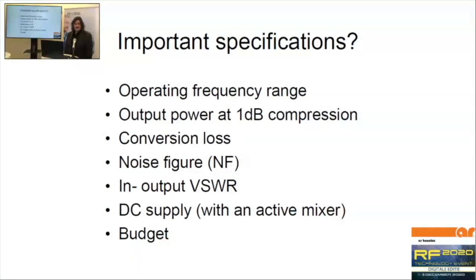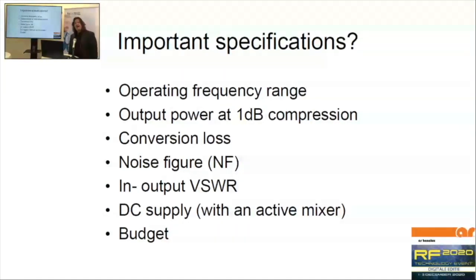It will add noise. Anything put in a stream will add noise to a system. It differs from which one you use. Well, what kind of VSWR do we want? Is it permissible to have a 1 to 2 or 1, whatever part of it?